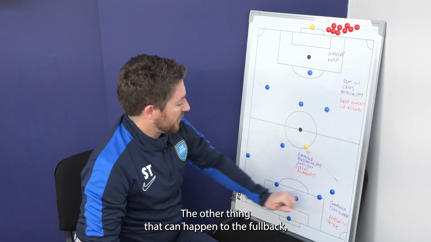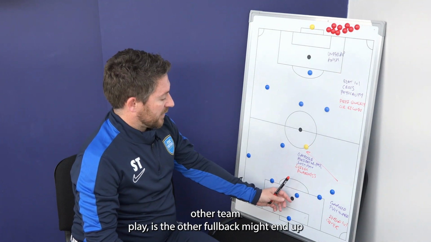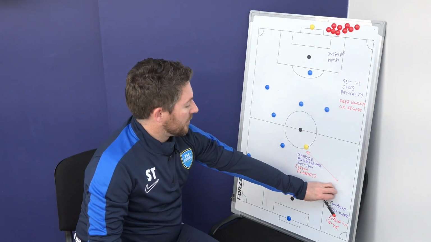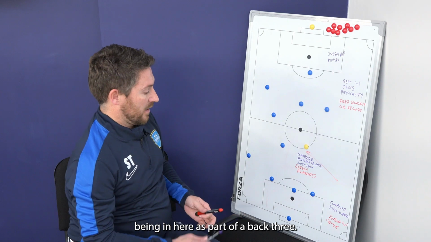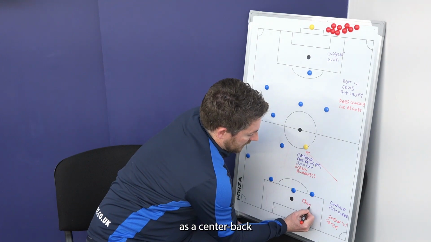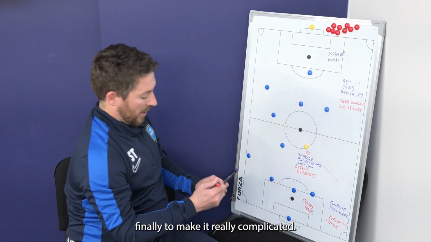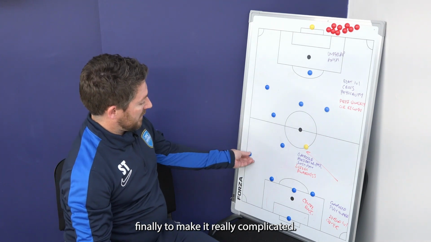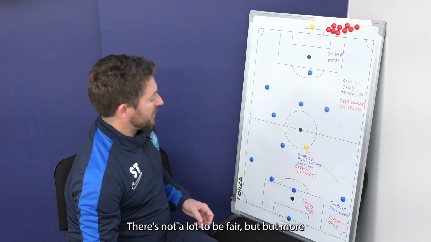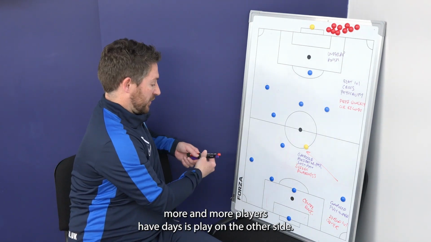The other thing that can happen to the fullback, depending on what the other team play, is the other fullback might end up being in here as part of a back three. So then they really need the ability to play as a centre back. Finally, to make it really complicated, there's not a lot to be fair, but more and more players are having to play on the other side.